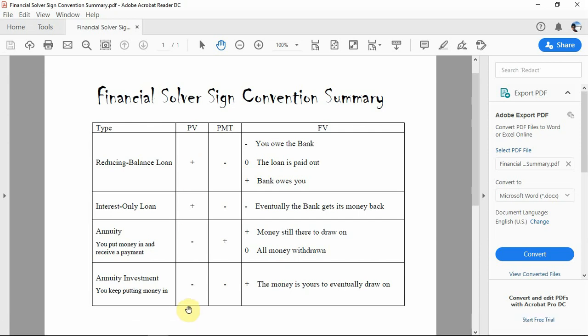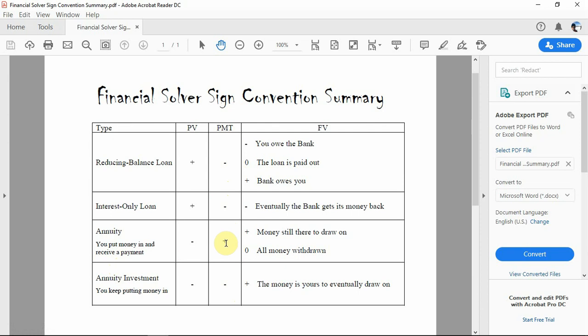Depending on whether it's positive or negative, essentially for our present value, if you're taking out a loan, the money's coming to you, so it's plus. For investments and annuities, you're putting money in to begin with, so it's negative. Whenever you're making a payment yourself, putting money in, it's negative.